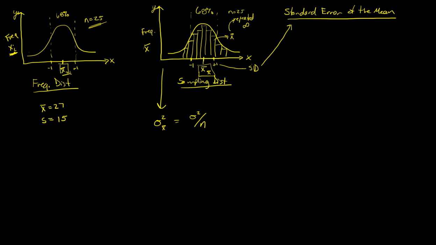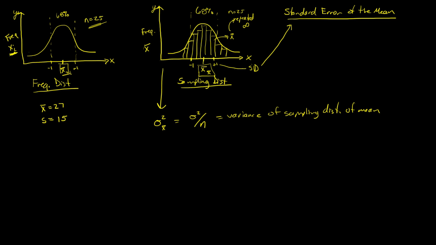We're using n, not n minus 1, because we're talking about the population. And this would equal the variance of the sampling distribution of the mean.